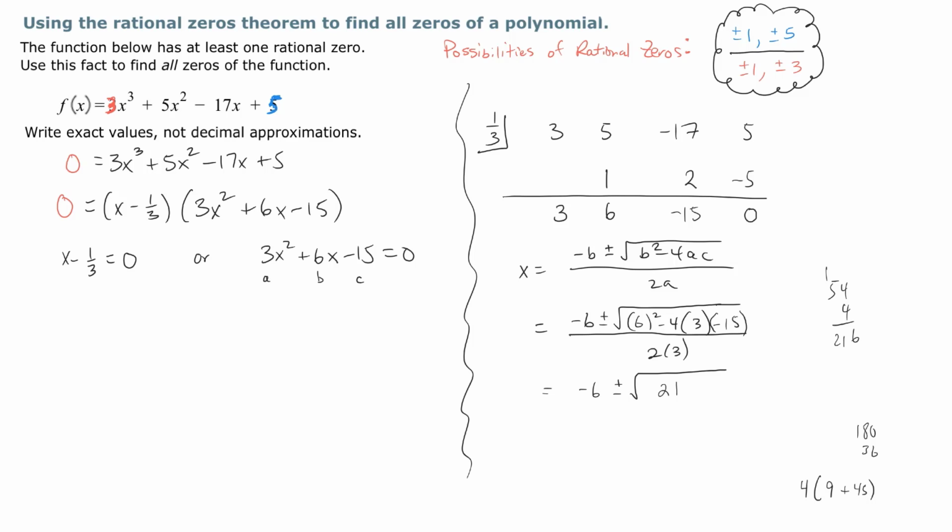Yeah. I'm going to factor out another 9. We get 1 plus 5. So 36 times 6. Oh, of course. Okay. That is 36 times 6. 216 is 36 times 6.